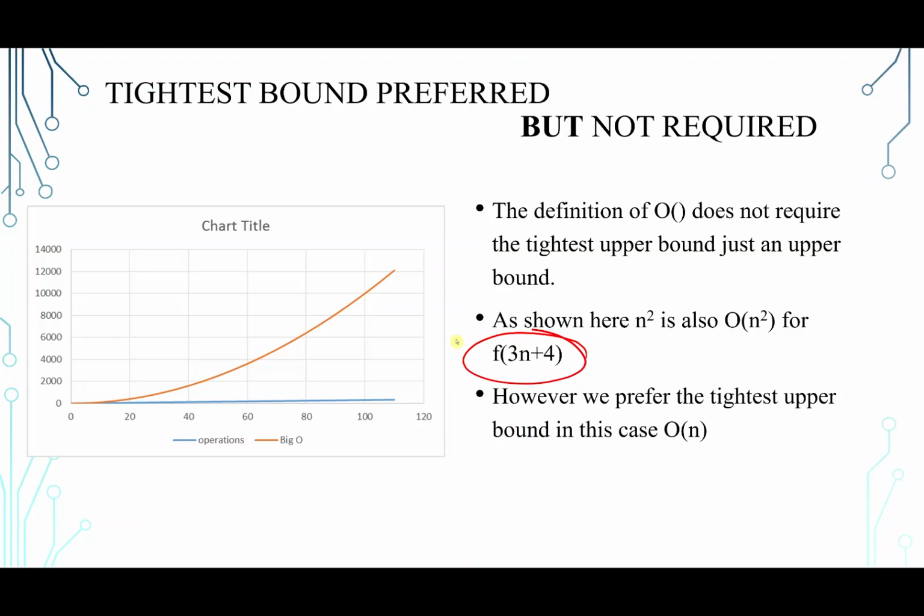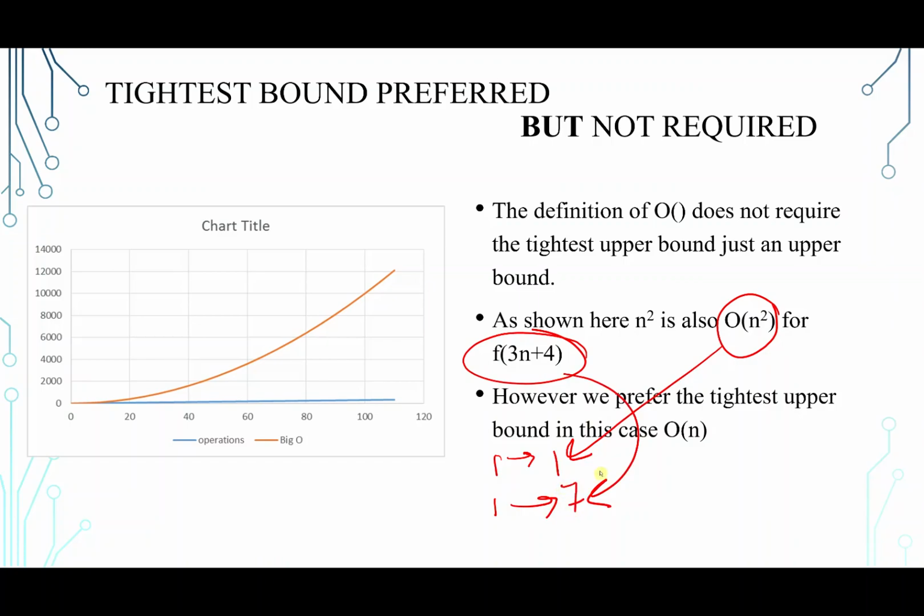I can also say big O of n squared is greater than 3n plus 4. And this is going to be true. Because if you have m is 1 and x0 is 1, that gives you 1 for this, and for 3n plus 4 that gives you 3 plus 4, 7.